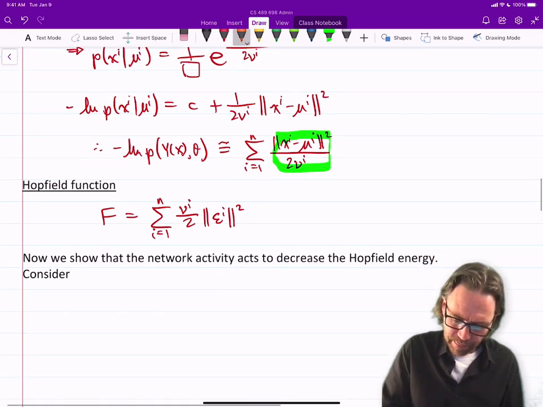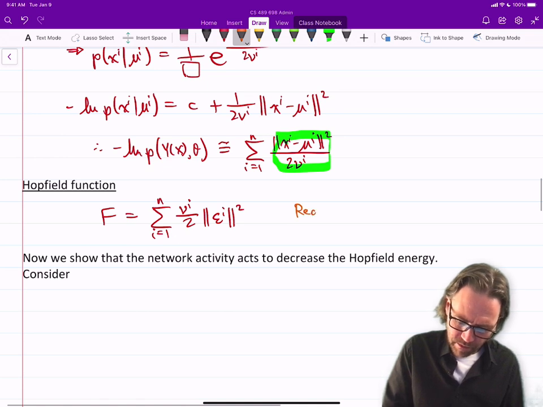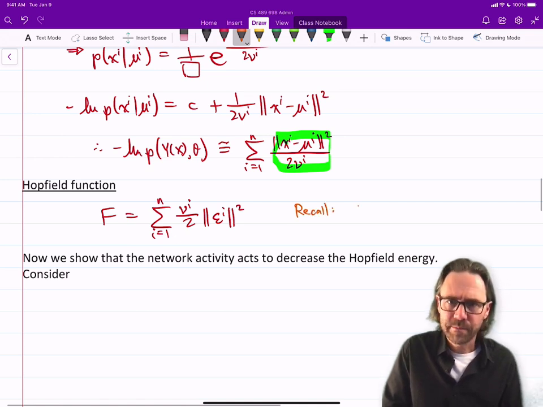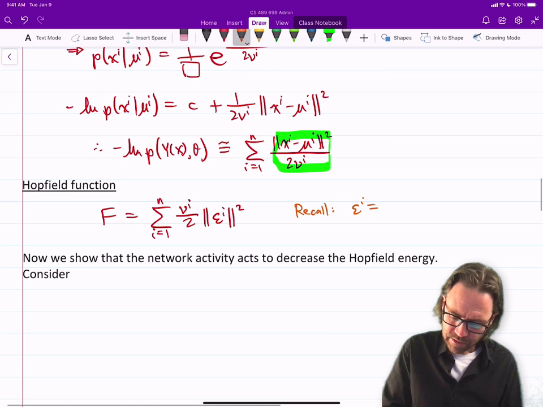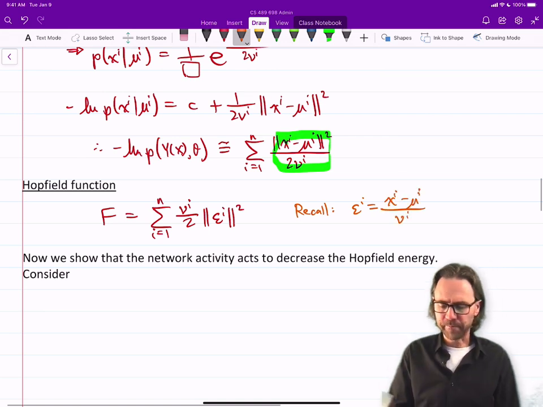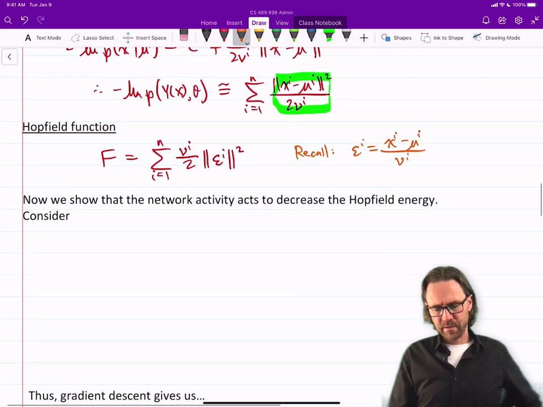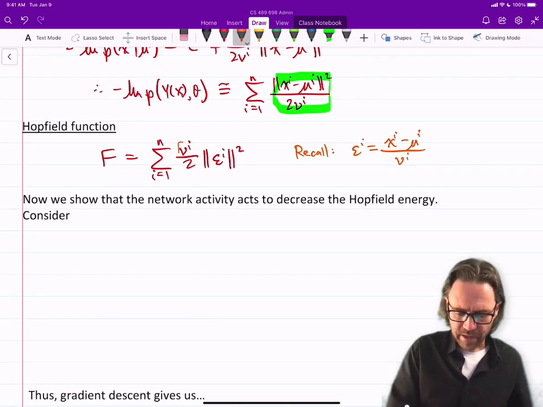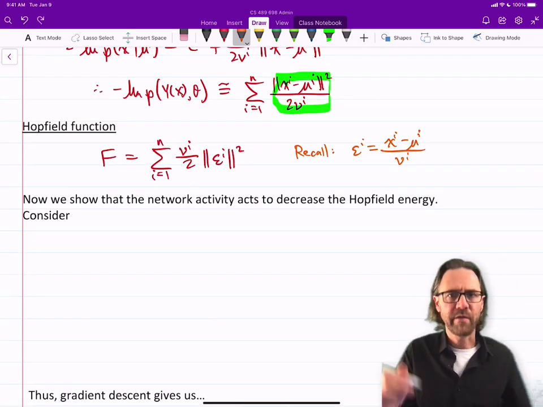So recall that epsilon i is (xi minus mu i) over eta i. This extra eta and over 2 are just to make everything else work out.